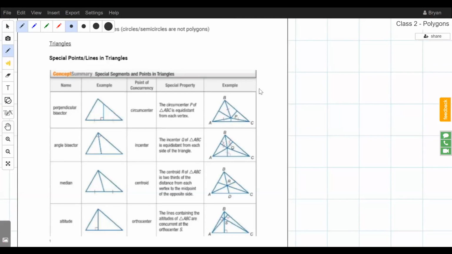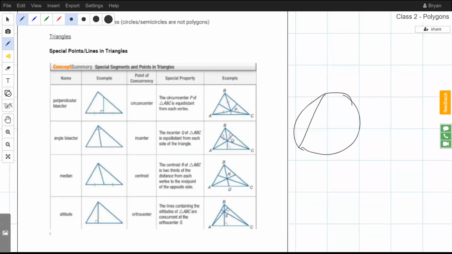As I was saying, the intersection of the perpendicular bisectors of a triangle is the circumcenter, which basically means that if you inscribed the triangle inside a circle and you took all the perpendicular bisectors of the sides, they will always, look on my diagram, intersect at one point, and that point is going to be the center of this circle.